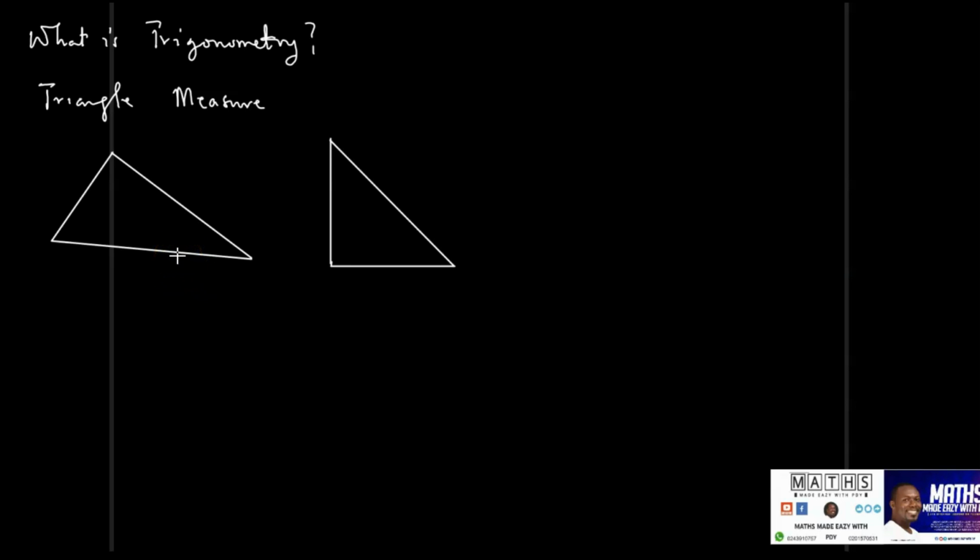Can you take it again? It wasn't clear to me. A shape with three vertices and three edges. Oh, okay, that's good. Any other definition? A triangle is a plane figure with three sides.